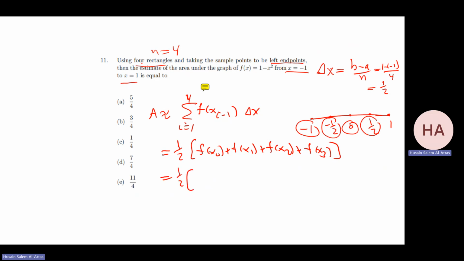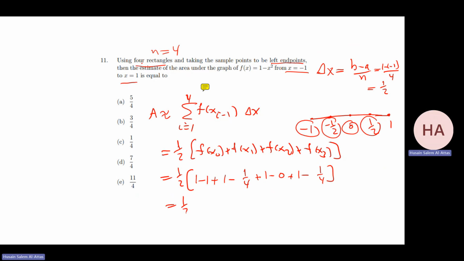Hopefully the idea will be very clear to everyone. With minus 1, I have 1 minus 1. Let me do it in details. Plus 1 minus 1 over 4 plus 1 minus 0 plus 1 minus 1 over 4 again.